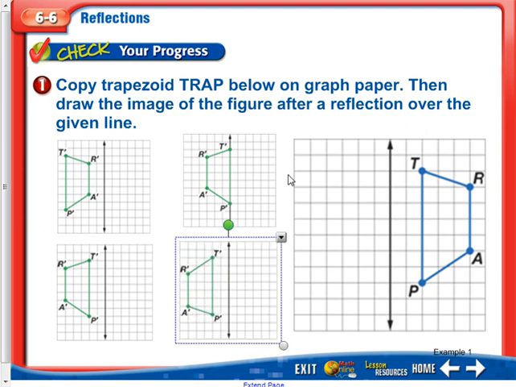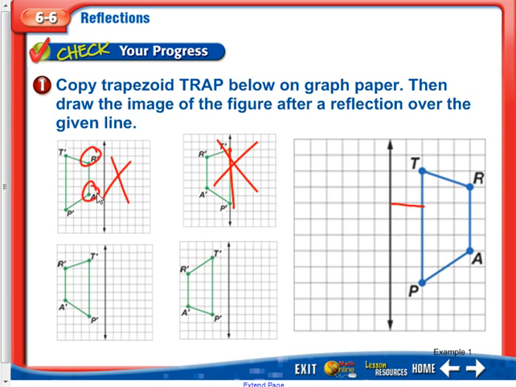First of all, I'm going to say that this one cannot be it because I notice I have 2 spaces in between the line of symmetry and my shape, and this one is right on the line. So that will not work. Now, when I look here, I'm going to call this one as it cannot work because R and A are the furthest points away. And now in this one, R and A are close to the line of symmetry.